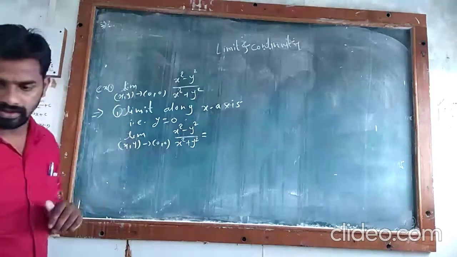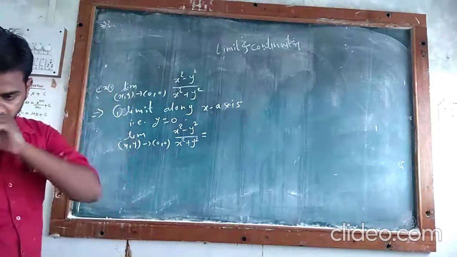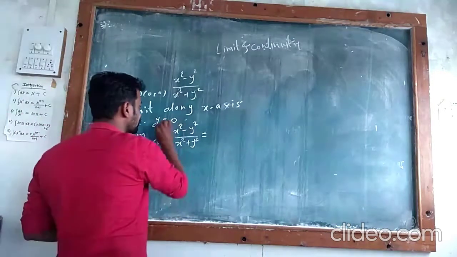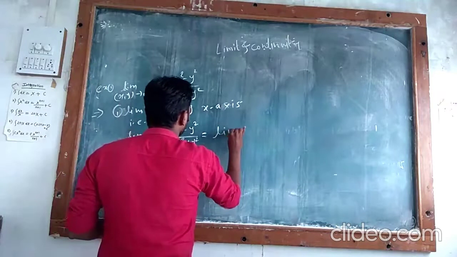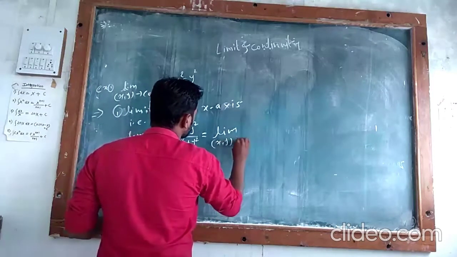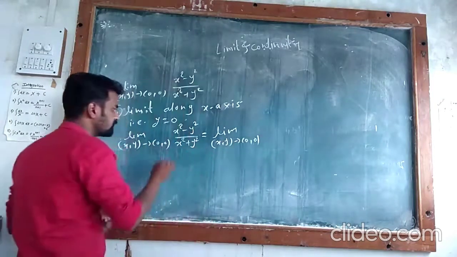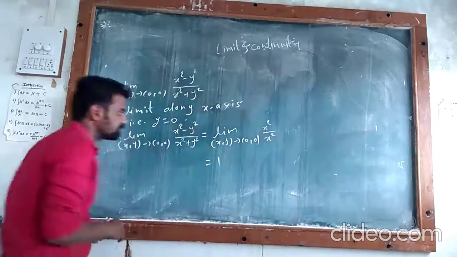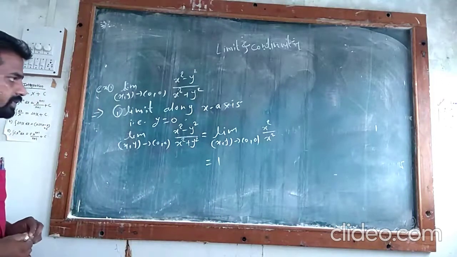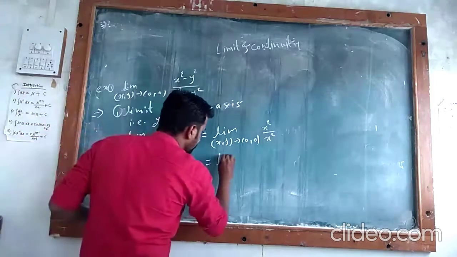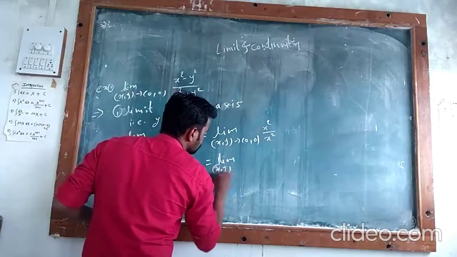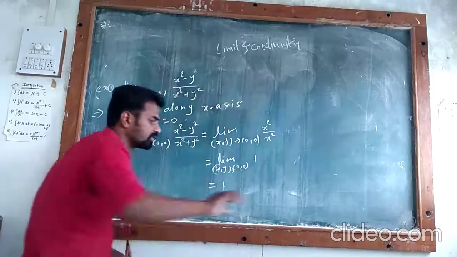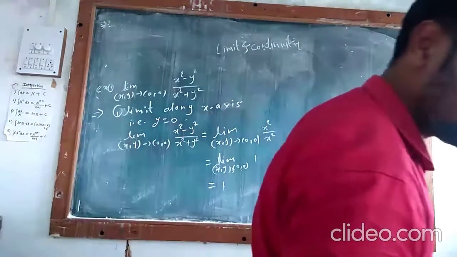But here y is equal to 0, so we get the limit as xy tends to 0 0 of x square upon x square, that is the limit as xy tends to 0 0 of 1, which is equal to 1, because the limit of a constant is constant.